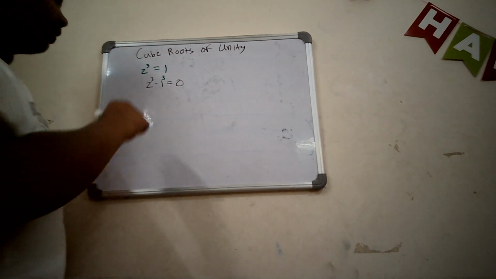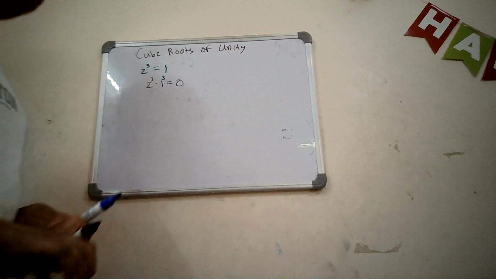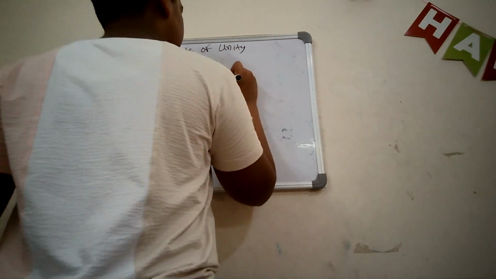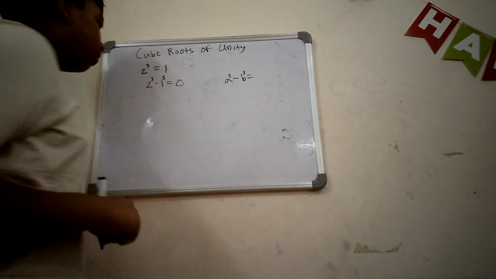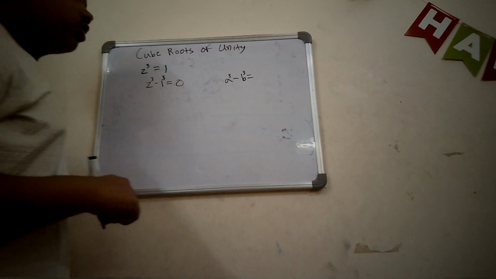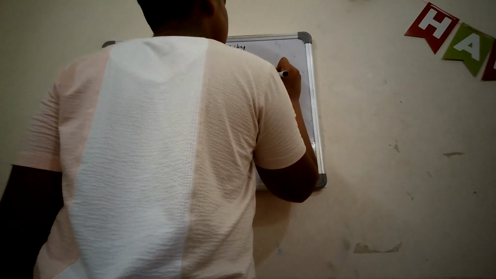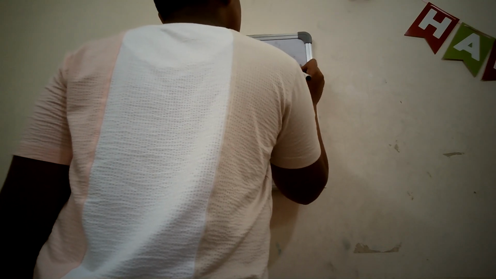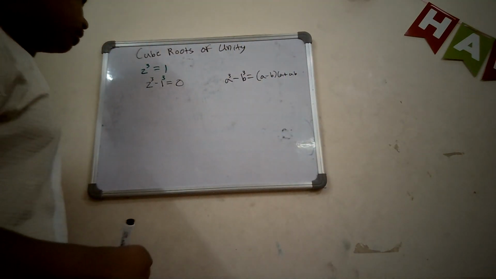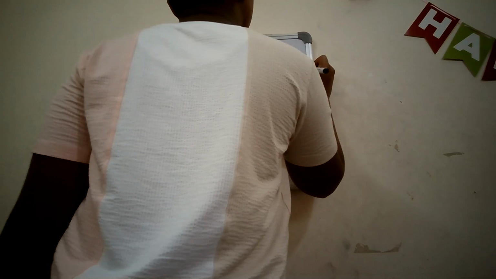Yes, it's true. This is the difference of cubes, and there's a formula. It will be a minus b into a squared plus ab plus b squared.